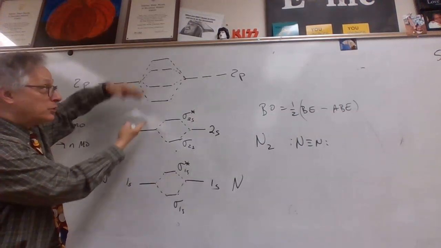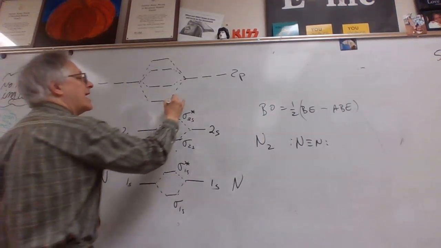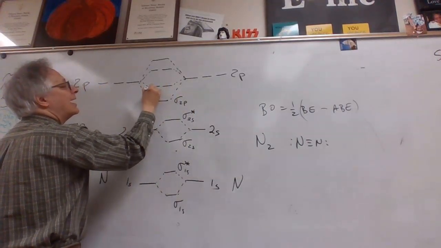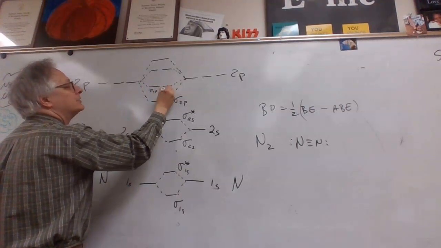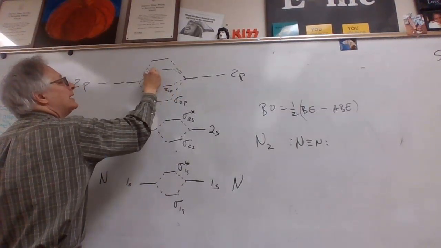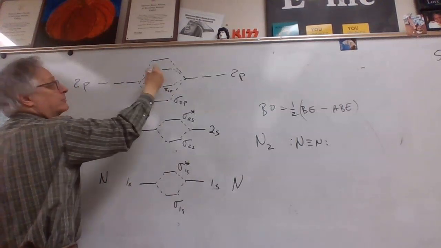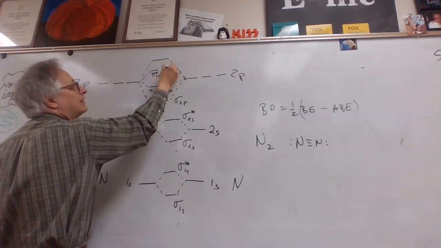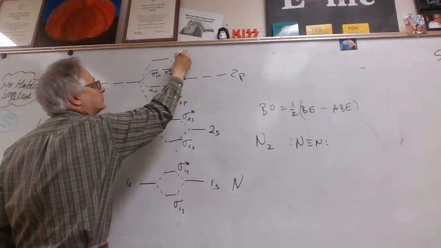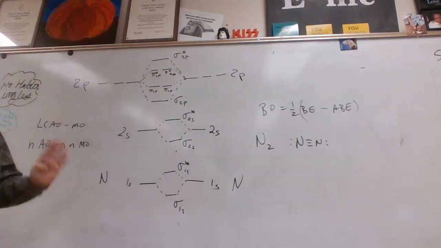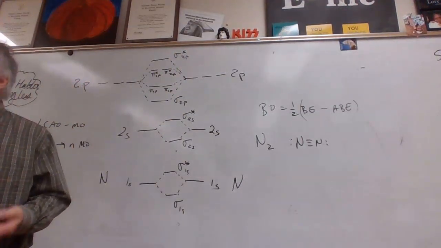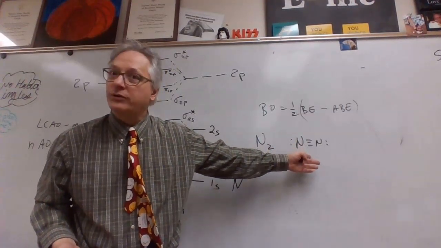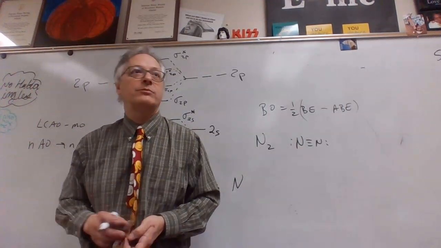In a homonuclear diatomic like this, you're going to have a sigma 2p, pi 2p, pi 2p, and then at higher energies pi star 2p, pi star 2p, and sigma star 2p. Let me show you how we could take a molecule like nitrogen, reconcile it with our Lewis structure, and how all these ideas harmonize together beautifully.